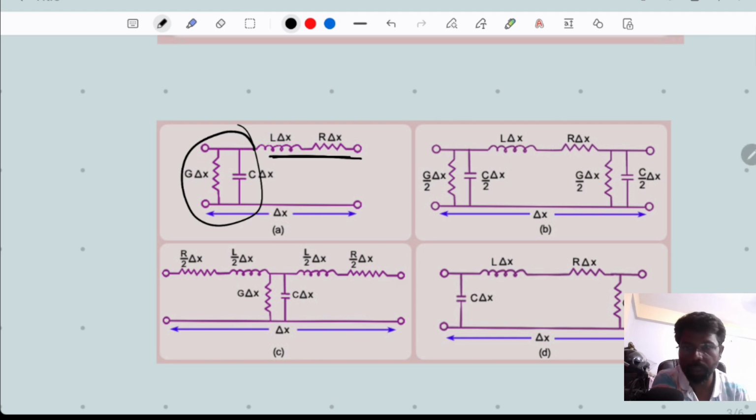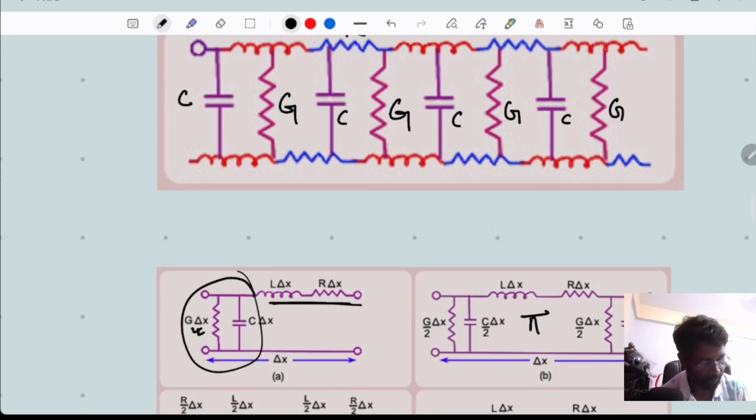Then we form a pi network. We divide this impedance and capacitance on both sides, so this is equal to G by 2 delta x, and this is equal to L by 2 delta x. This is nothing but the representation of this distributed network.